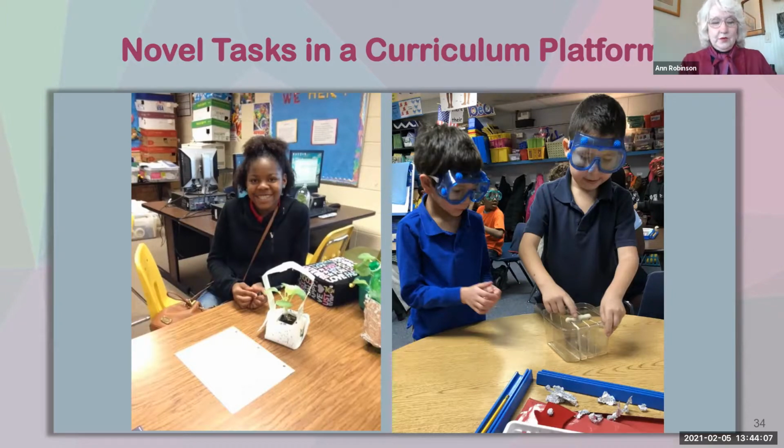On the left, we see one half of an engineering team designing a plant package. And that's supposed to keep that plant alive when it's shipped. Can you kind of see it there? It's really made out of a milk carton. So that's a materials engineering task, okay?